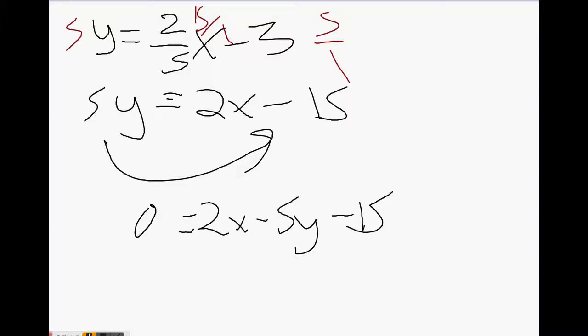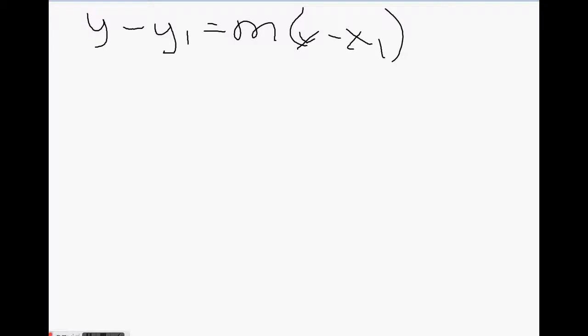Not bad. Flip to the back of the page, and we have to find the equation of the line in the form y minus y1 equals m times x minus x1. All right, big deal.